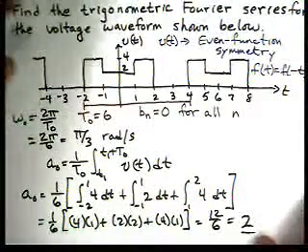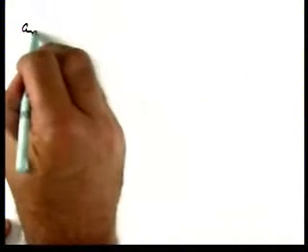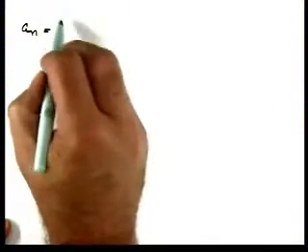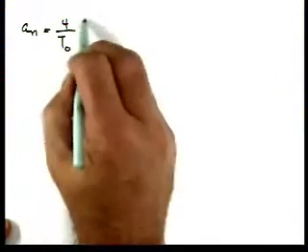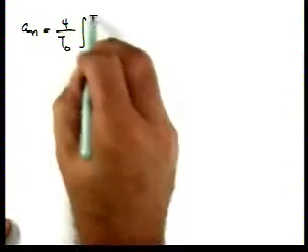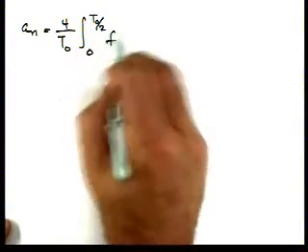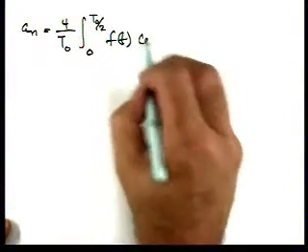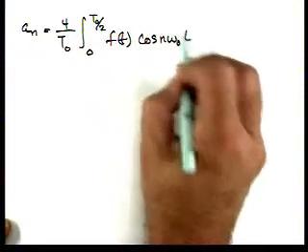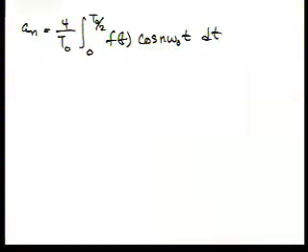Now if we take advantage of the symmetry, we can calculate a_n by taking 4 over T0 times the integral from 0 to T0 over 2 of f(t) cosine n omega naught t dt. Because of the symmetry, we only have to integrate over half a period.